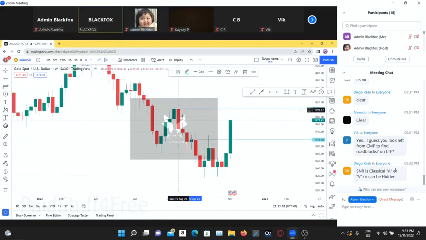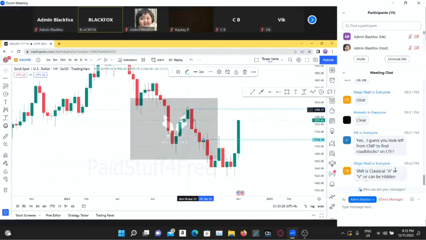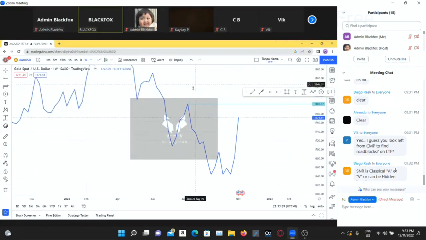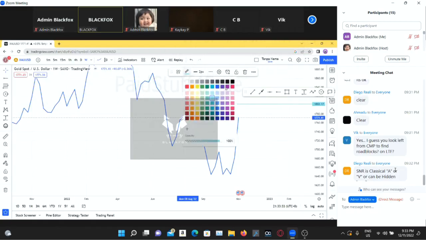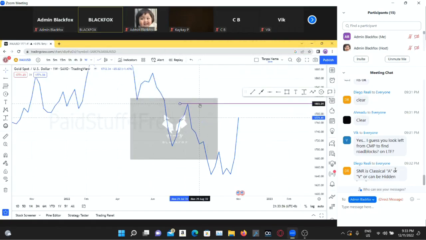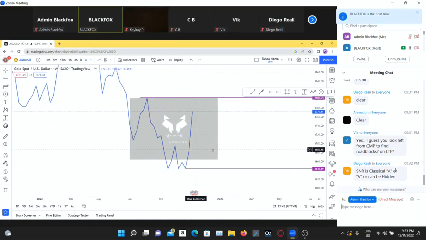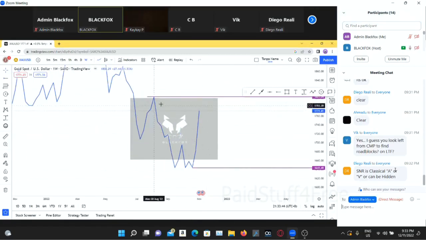This one is new, fresh resistance, fresh SNR. So we use line chart to mark the storyline. For weekly, I'm using the color purple, and this one is the new support for weekly storyline. For hidden also we must mark. This one has hidden, right?